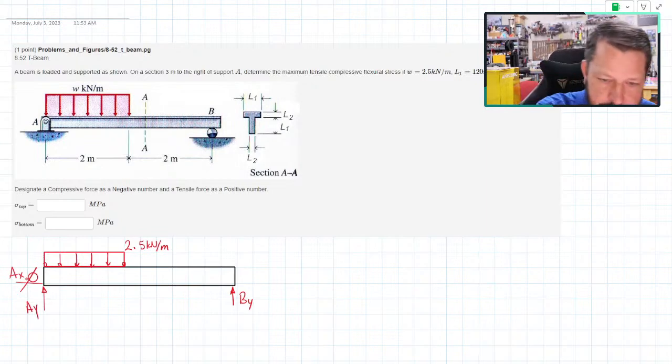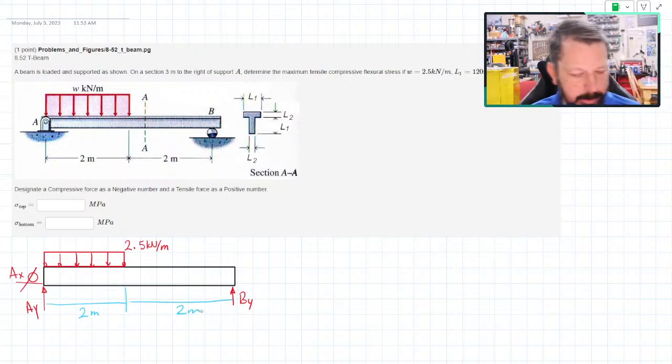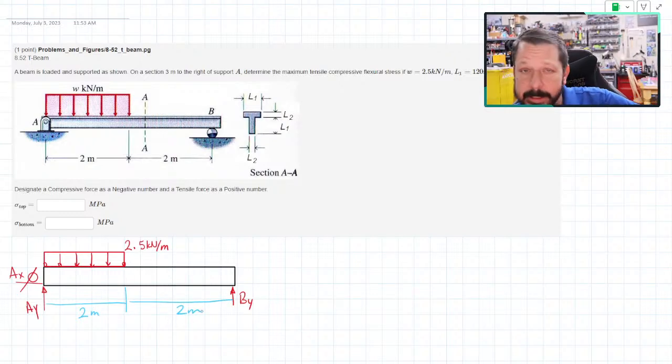We have some dimensions. Oops, sorry. There we go. So the 2 meters is hard-coded into the problem. And also there. Looks like I should have drawn that a little bit differently, but it's fine. That is an important point. So on WebWork, in exam problems, you get your own set of numbers and somebody else is going to get a totally different set of numbers.